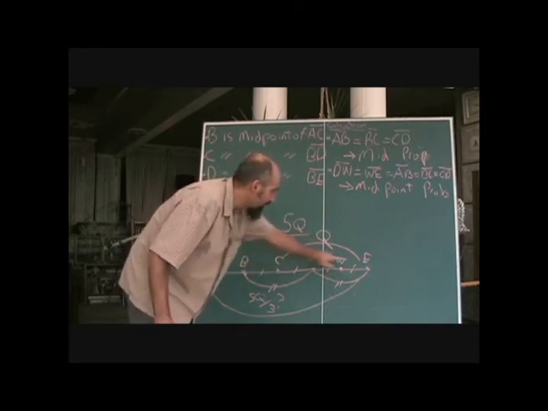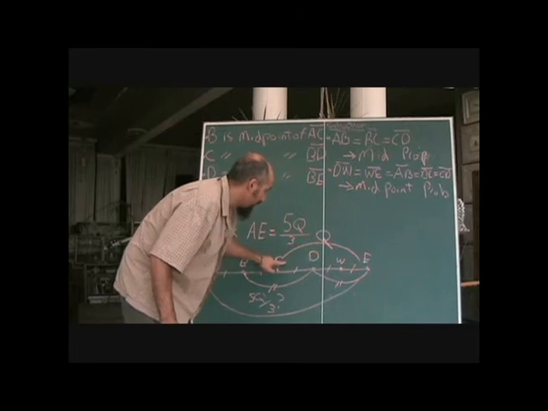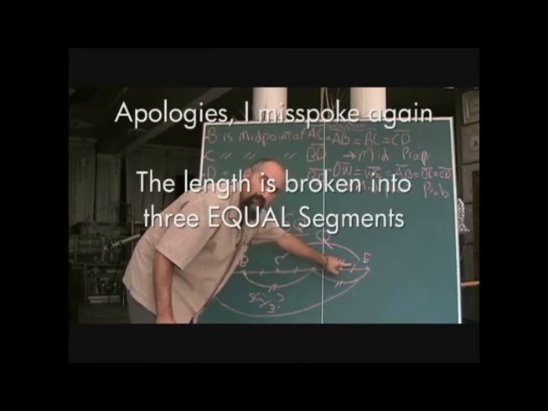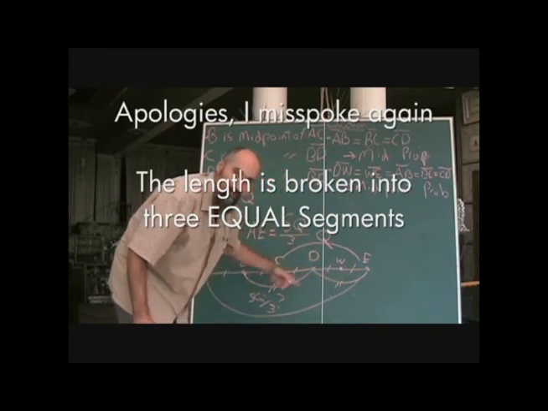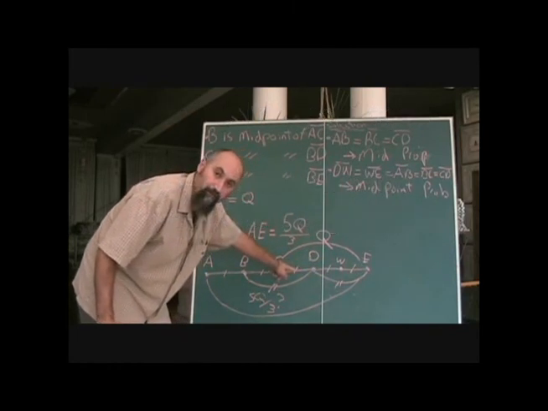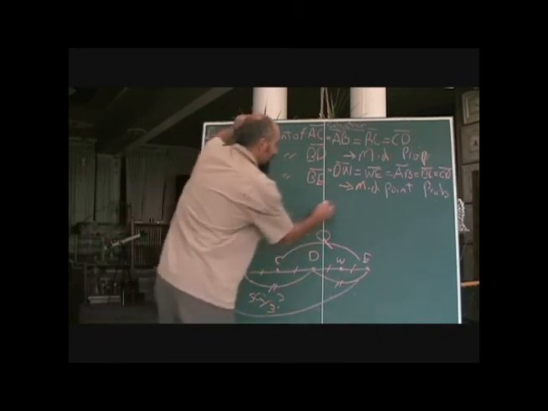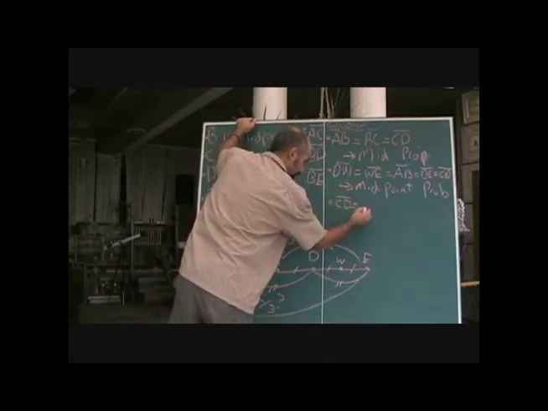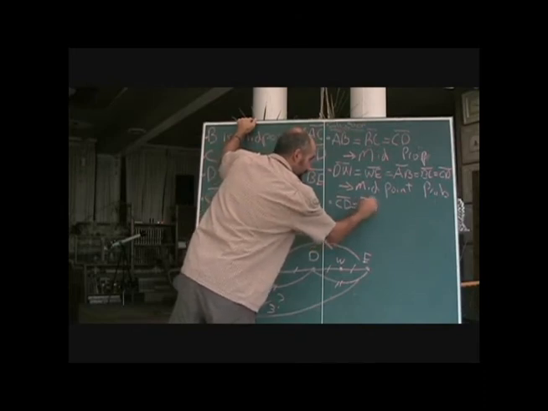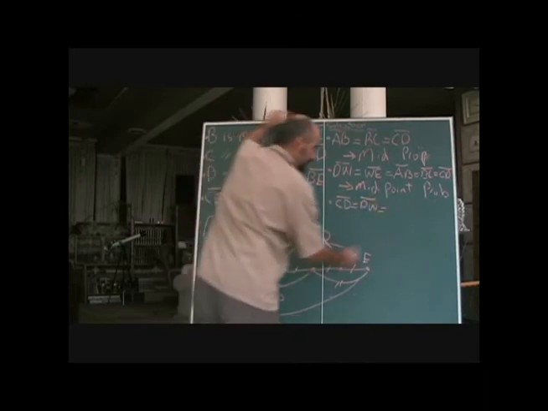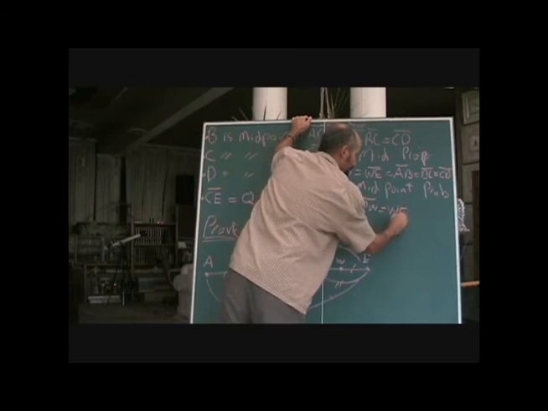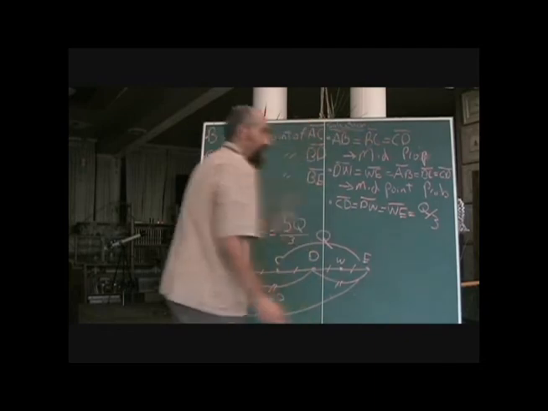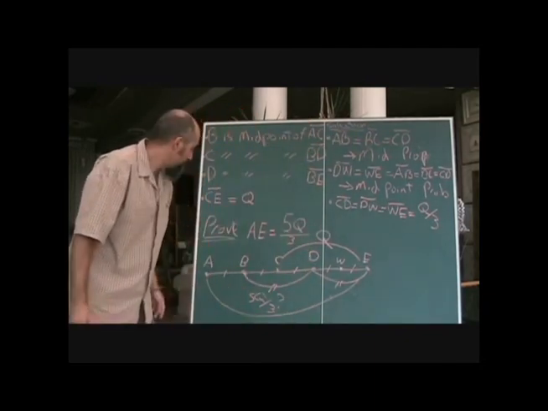Well, the length from here to here is Q. And this length is broken into 3 different segments. So each one of these segments must be Q divided by 3. So what you can do is say CD is equal to DW is equal to WE, which equals Q over 3. Okay?